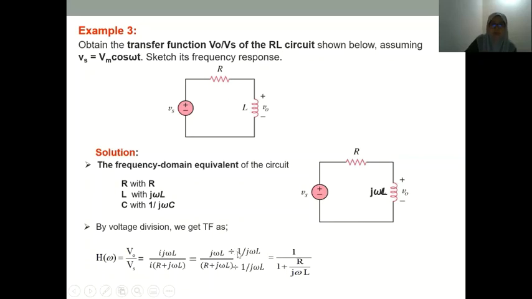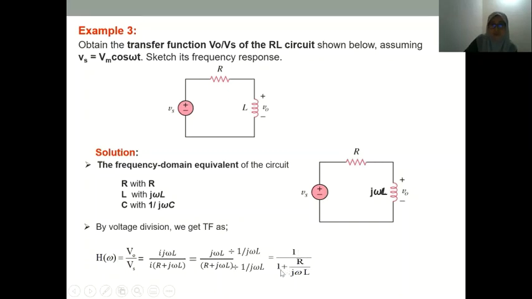We can divide the numerator and denominator by j omega L. So you will gain 1 for the numerator, and the denominator becomes 1 plus R divided by j omega L. Because we try to represent this transfer function as 1 over the real and the imaginary part.